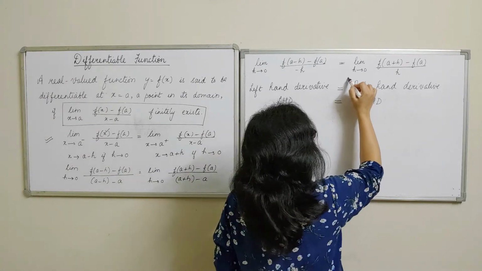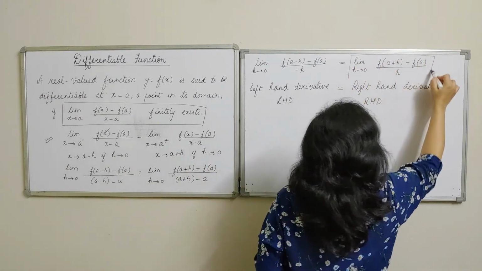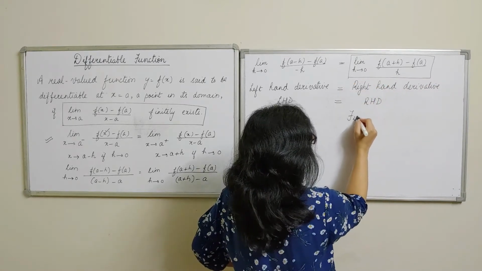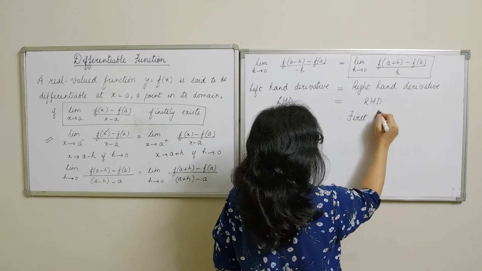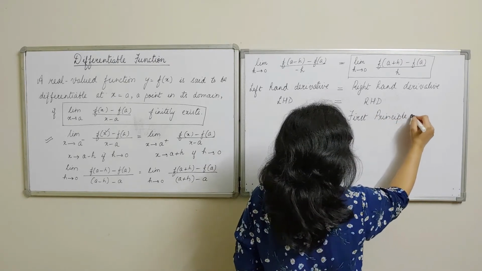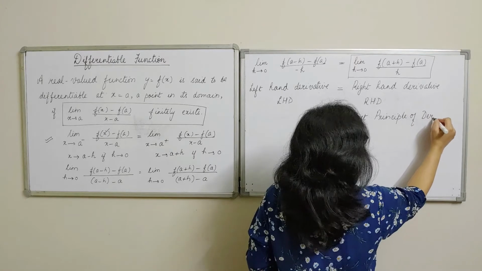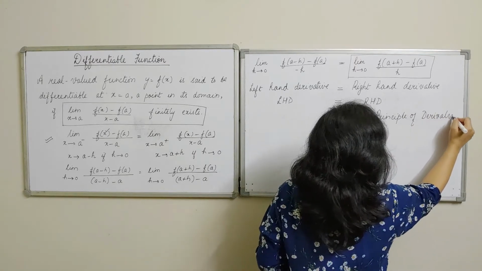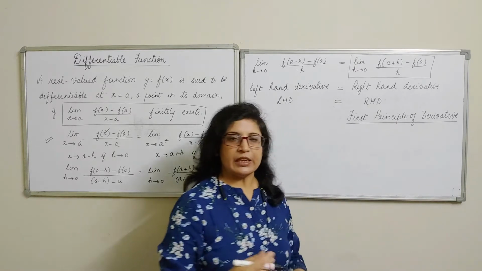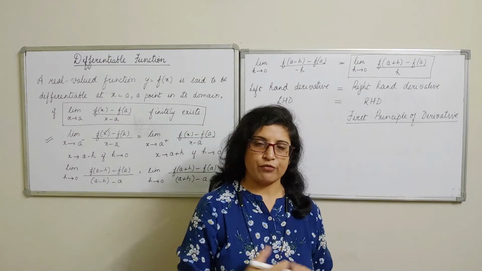If you have a closer look at the right hand derivative, this one, this is what we referred to as the first principle of derivatives in previous classes. Using this first principle of derivatives, we derived the derivative results of various functions.